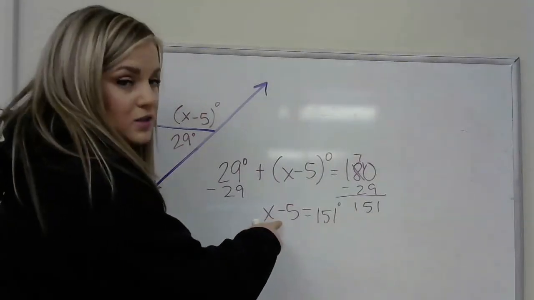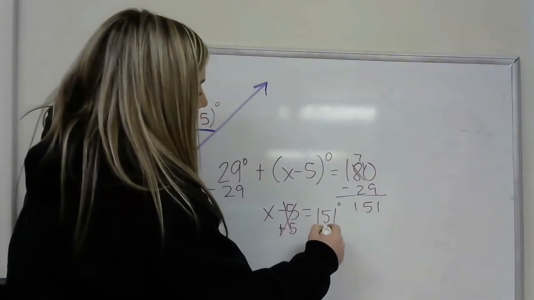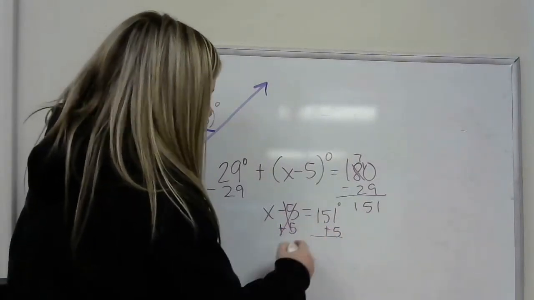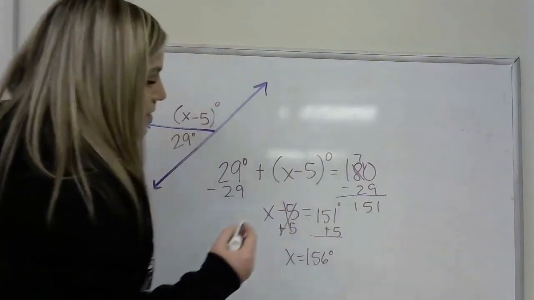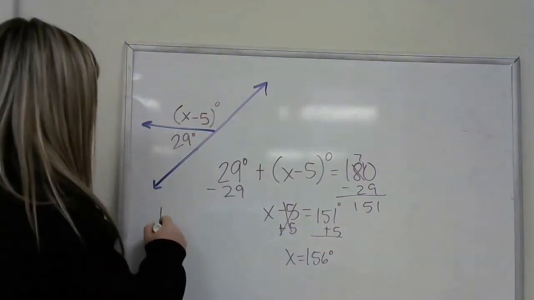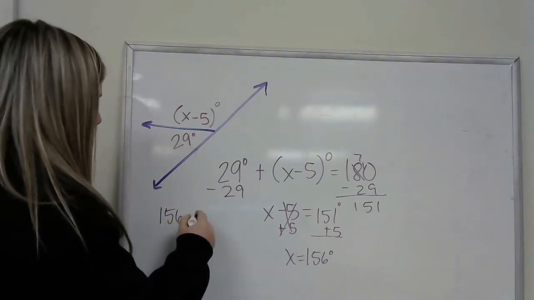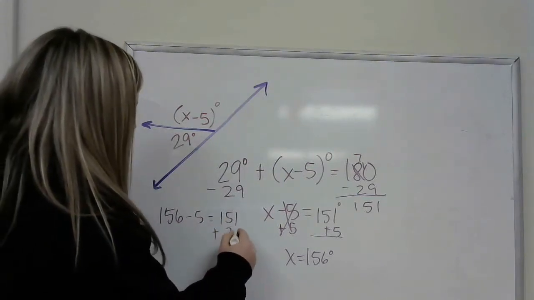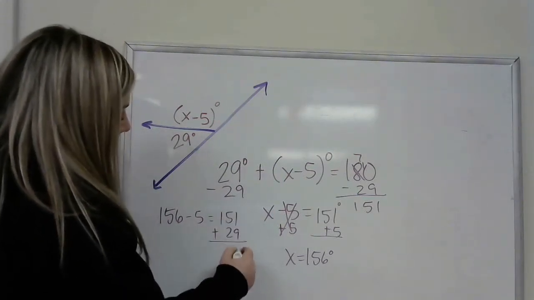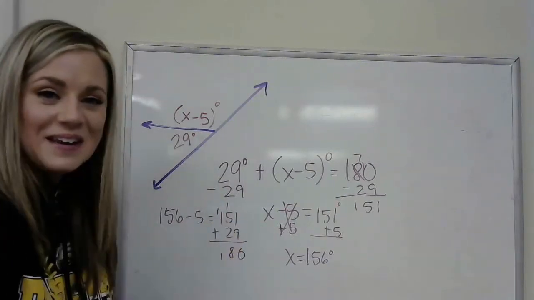So to get rid of minus 5, I have to do the opposite, which is plus 5, and then I have to add 5 over here. So x is going to be equal to 156 degrees. And we can check that. We can do 156 minus 5 is 151, and then add 29 degrees to it, and it should be 180. Yep, 180. So we did it right.